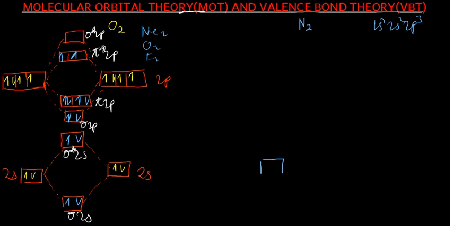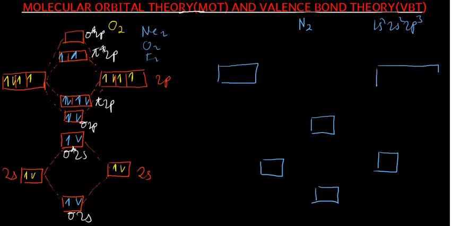So I'm just showing the 2s, this is the 2s, lower in energy and also higher in energy. And then you are going to have the p this side, and the p that side.